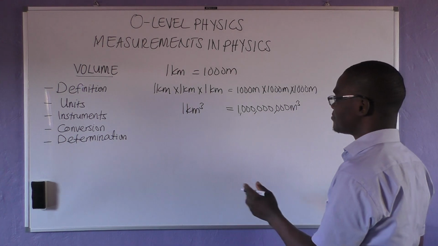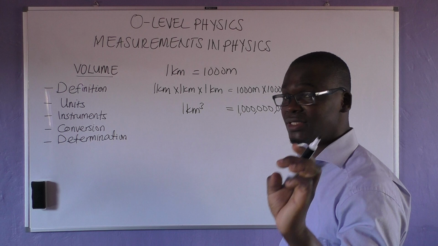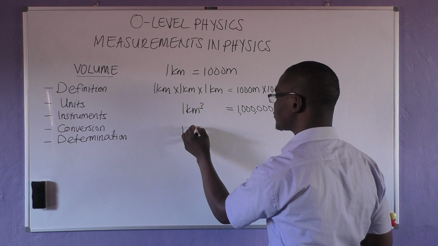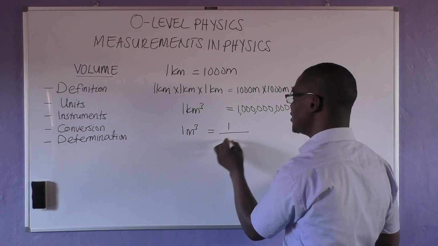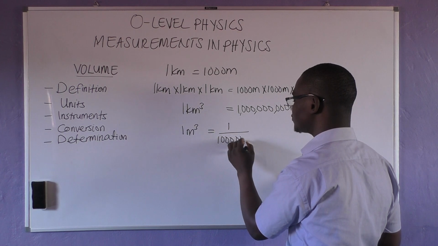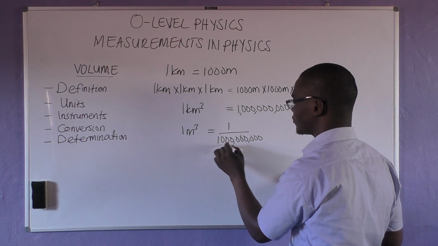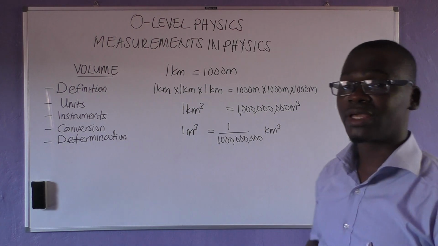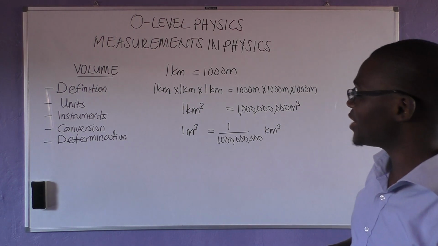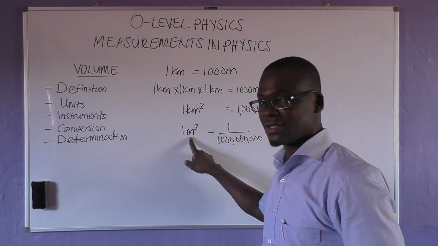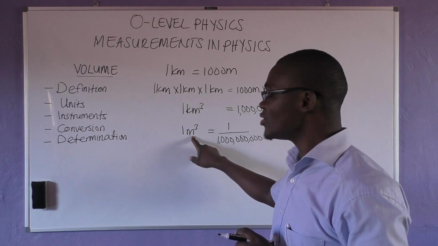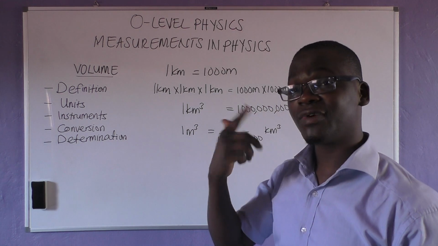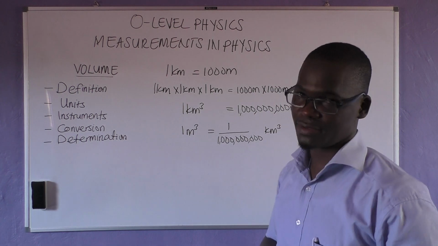We shall divide by 1 billion on both sides, and we shall end up with 1 meter cubed being equal to 1 over 1 billion kilometer cubed. And that means that if I'm to convert from meter cubed to kilometer cubed, I'll divide my values by 1 billion.